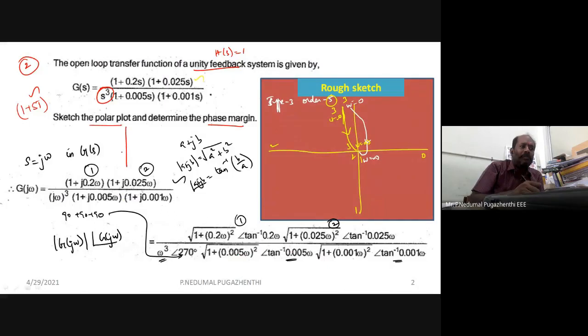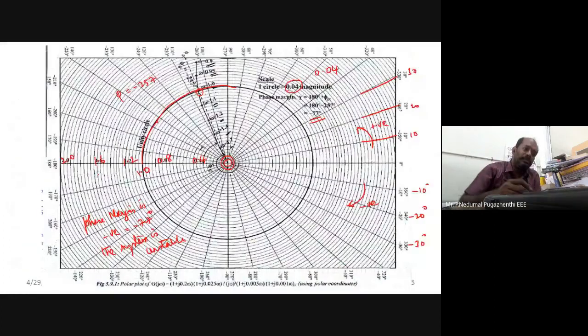You will have 3 poles at the origin. So the response provided here will be a parabolic type response, which is an unstable response. So the system is unstable, and it has been verified using your phase margin value, which is negative.